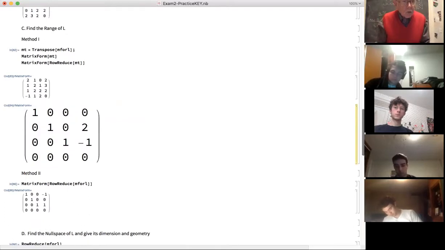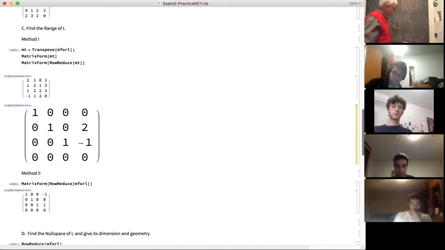I think this is what we get when we row reduce M. This time we're looking at pivots. We have 3 pivot positions. Here they are. This one is not a pivot position because it doesn't have zeros to the left of it.